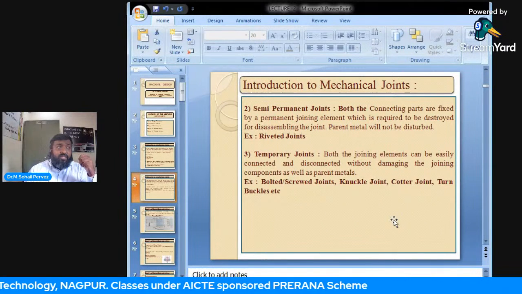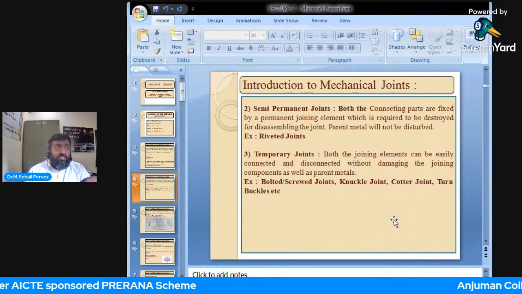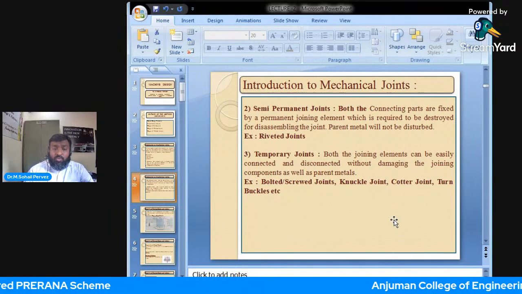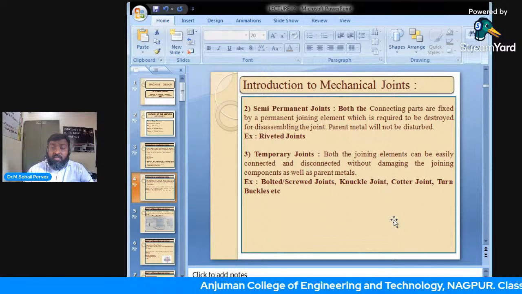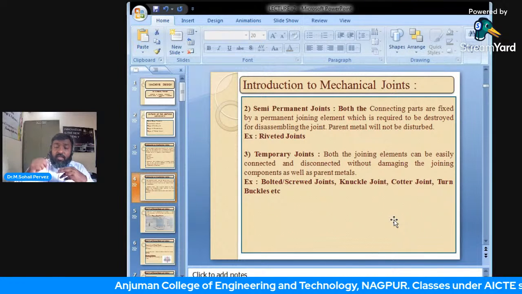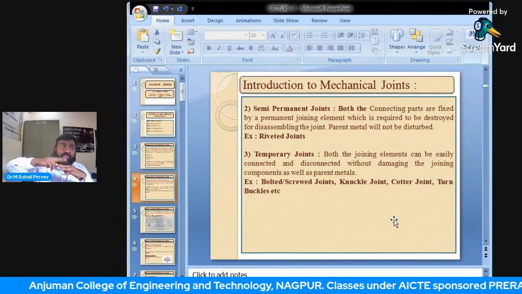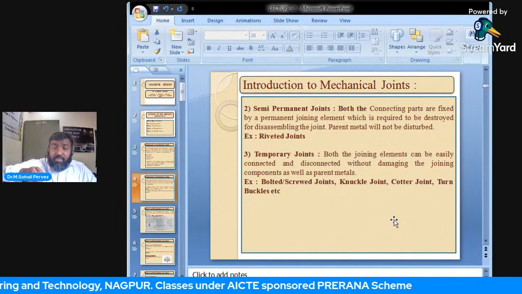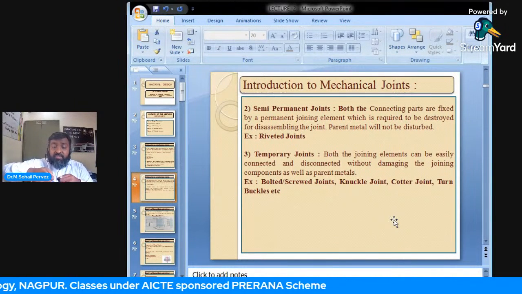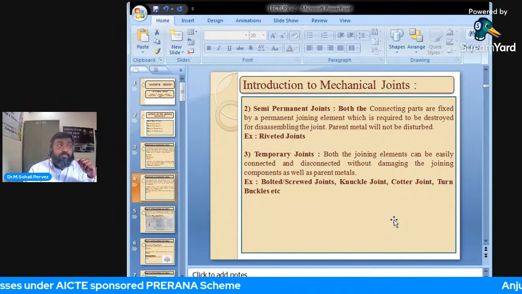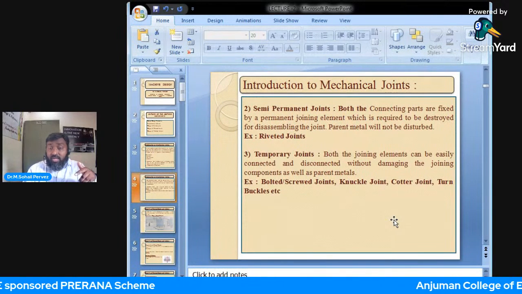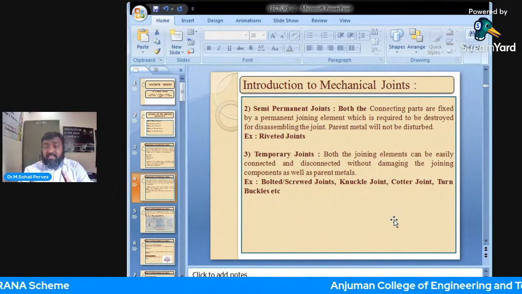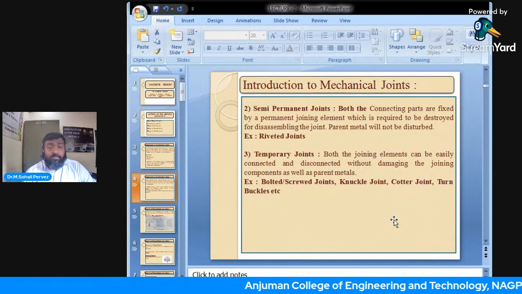Just take the example of a riveted joint. After some time, we'll go through the riveted joints also, the diagram itself. The joint at the hub and blade of the fan, that is a riveted joint. The joint between the frying pan and the handle, that is a riveted joint. The joint on the body of a bus, that is a riveted joint.